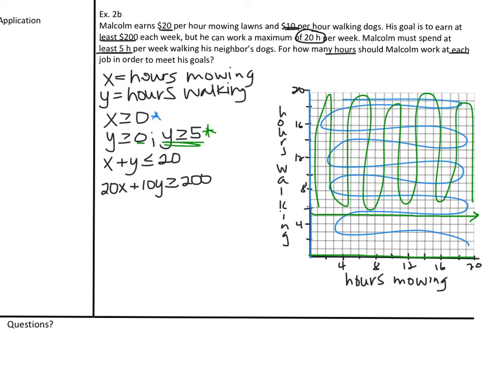Now let's take a look at x plus y is less than or equal to 20. I'm going to subtract x and write it as an inequality: y is less than or equal to negative x plus 20. What that means is our y-intercept is 20, like so, and the graph is going to go all the way down to 20 on the bottom.